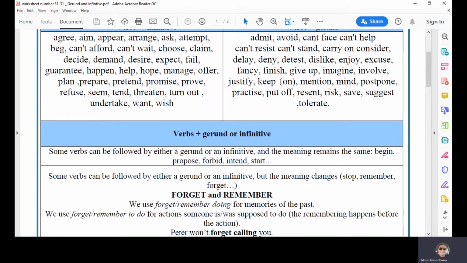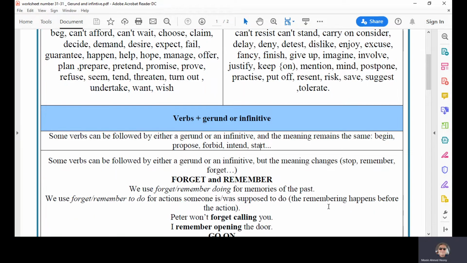We use forget or remember with doing for memories of the past. We use forget or remember with to do for actions someone is or was supposed to do. The remembering happens before the action. Peter won't forget calling you, the action itself.